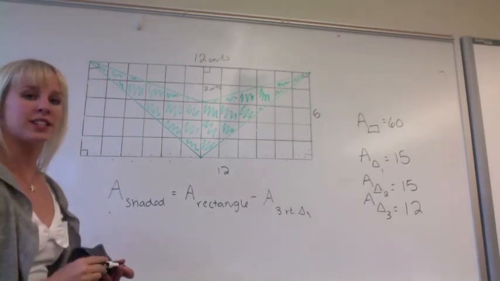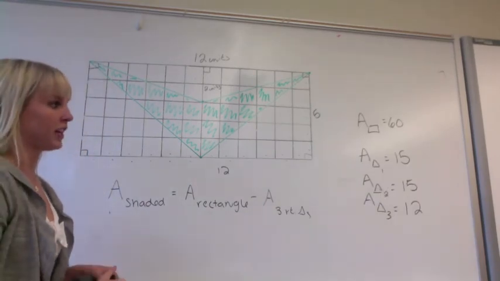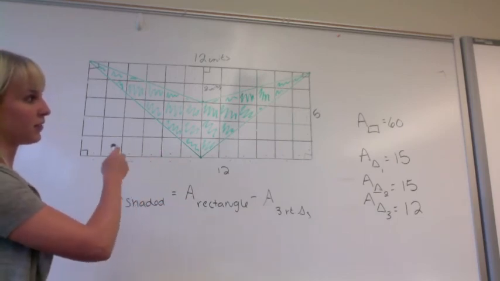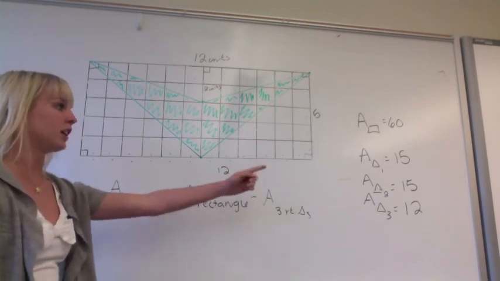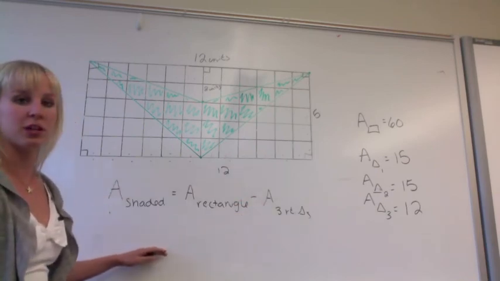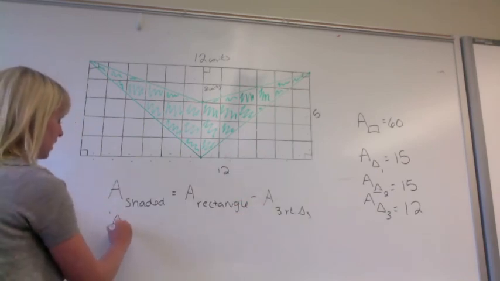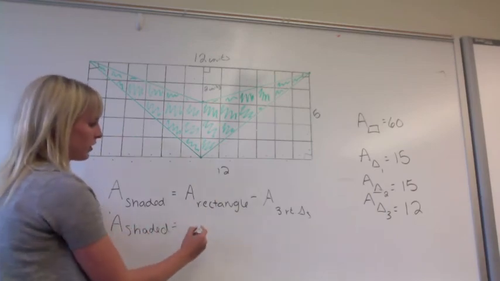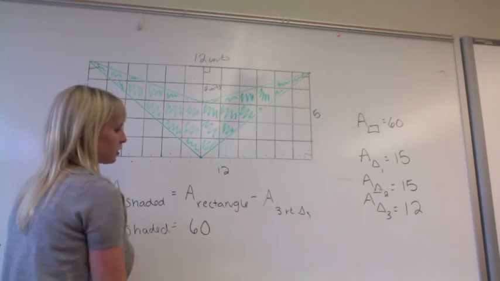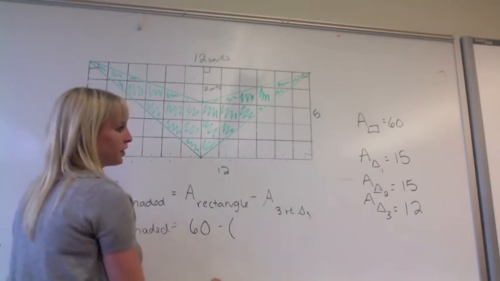All right, so I've erased all that work and just written all the answers for the areas of the different triangles and the rectangle. So now we can plug in our values into this original equation that we thought of. So the area of the shaded region is equal to the area of the rectangle, which is 60 units squared, minus the sum of those 3 triangles.